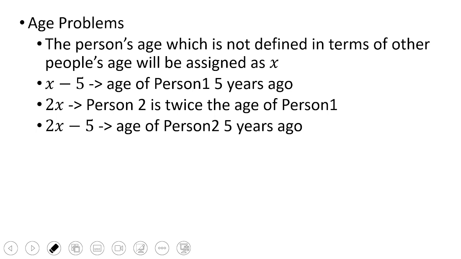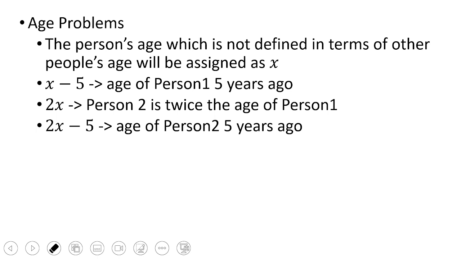Now, another application of math and language is in solving age problems. When we are solving age problems, usually we would have two, sometimes three, but the most common, we would only have two persons involved. And the age of one person is based on the age of the other.